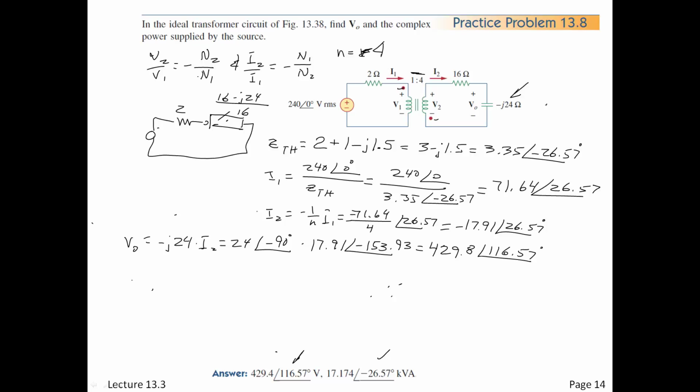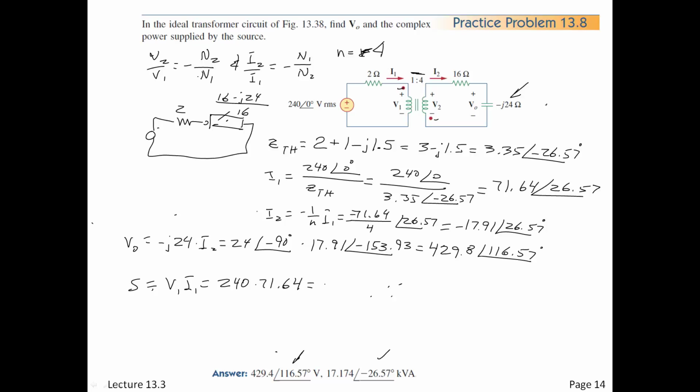And finally, the power supplied by the source. The power supplied is what? V1, I1. So that is our 240 times I1, which is 71.64. And I'm sorry, we'll bring the angle back.